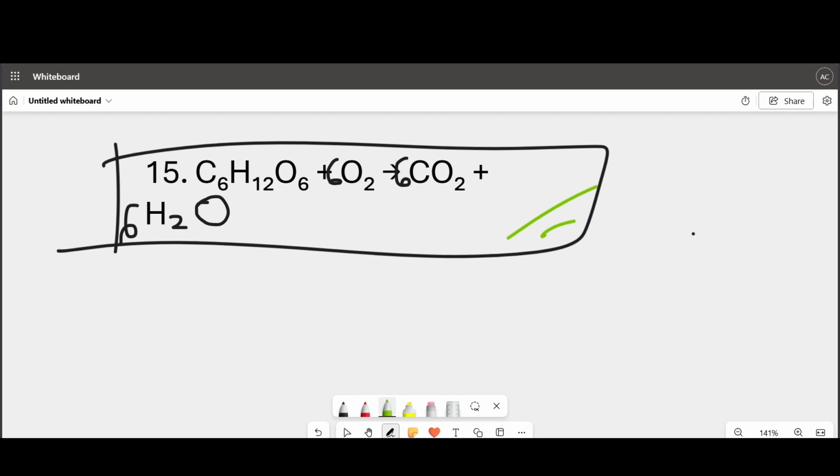So 2 times 6 is going to be 12. Then we got 2 over here, 2 oxygen. We got 2 oxygen here, plus 4. I believe it's gonna be 12 carbons.